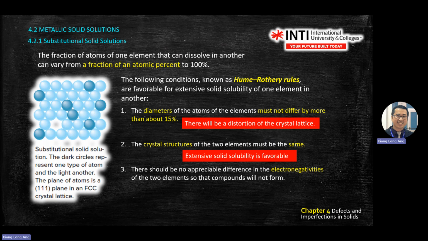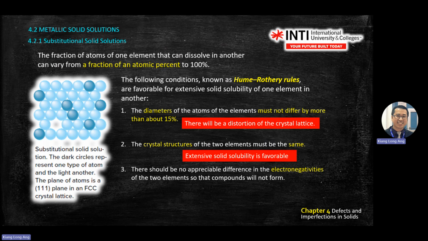The second rule: the crystal structures of the two elements must be the same. That's why I ask you to remember the three structures: BCC, FCC, and HCP. Only the same crystal structure can join. You cannot take BCC and join FCC; you can, but you're creating another problem.